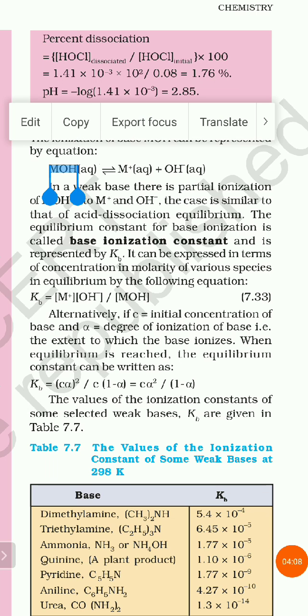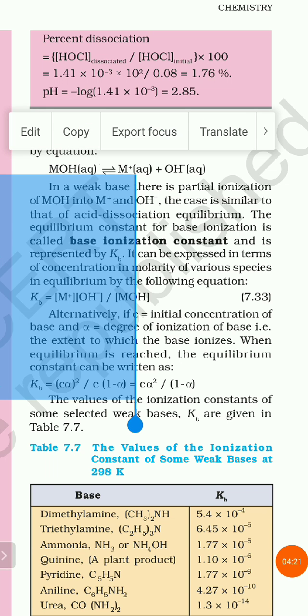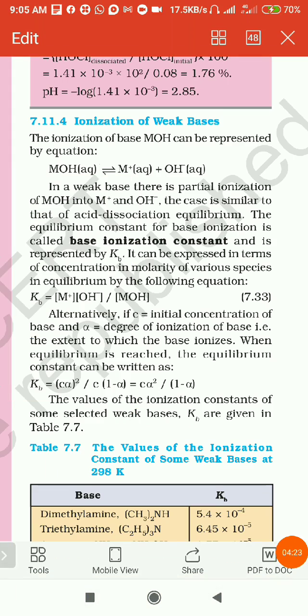A base ionizing into a cation and an anion is called ionization of bases. So how do we express the equilibrium constant for that?